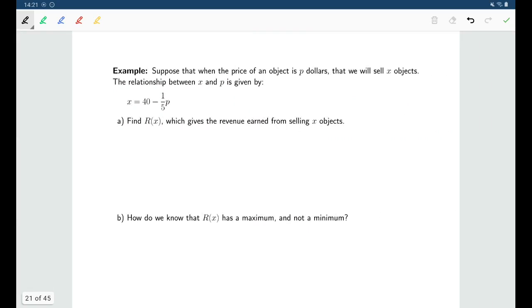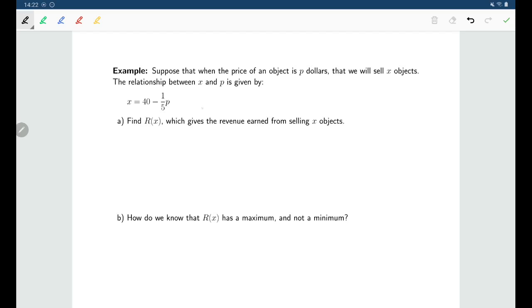Okay, so in this example, we have some object, and when we sell that object for P dollars, we will sell X objects, and the relationship, our demand equation, is given by this: X, the number of objects that we'll sell, will be 40 minus 1/5 times P, the price that we're selling those objects at.